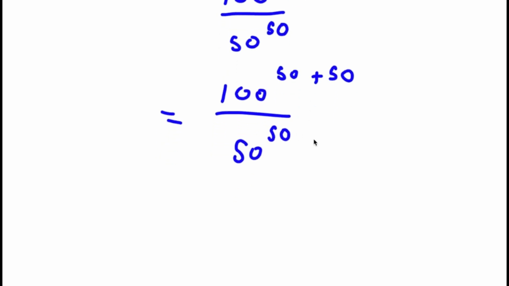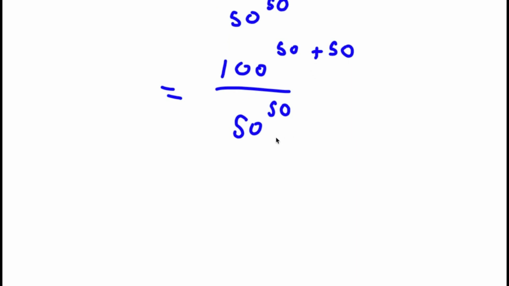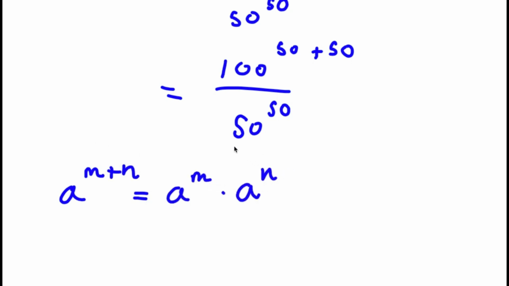So now, an important property of exponents is that if I have something in the form a to the power of m plus n, this is simply equal to a to the power of m times a to the power of n. So as you see, in this case, I have 100 to the power of 50 plus 50.